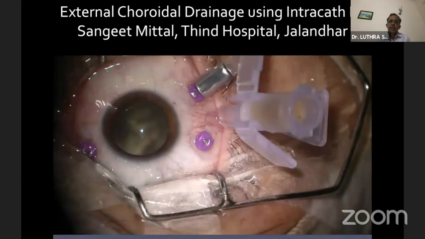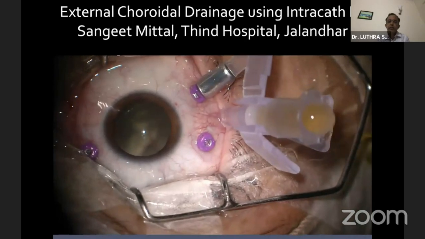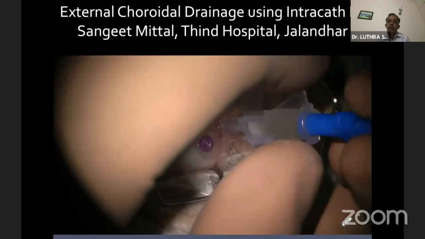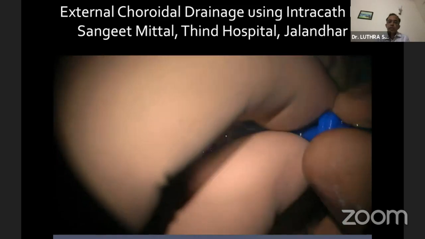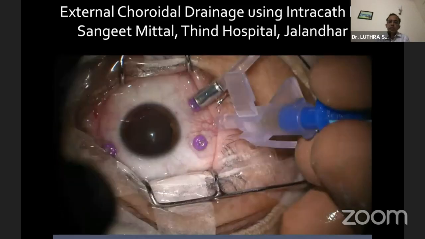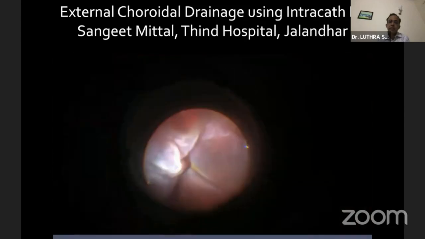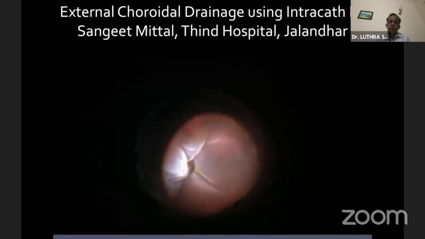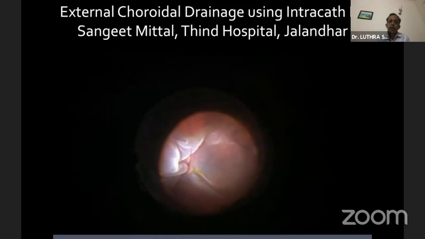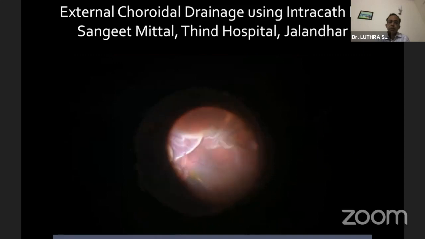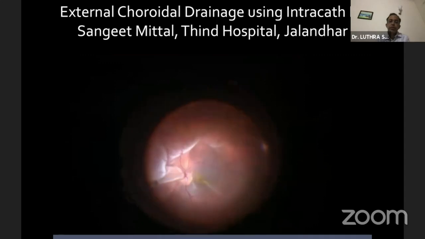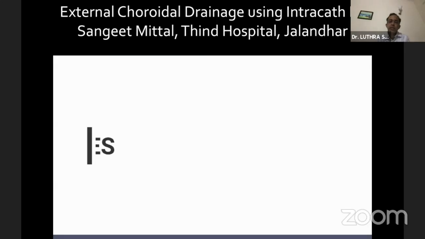And in his hands, this works very well. And then he attaches it also to the controlled suction. And you can see the choroidals going down as the foot switch of the automated suction is pressed.